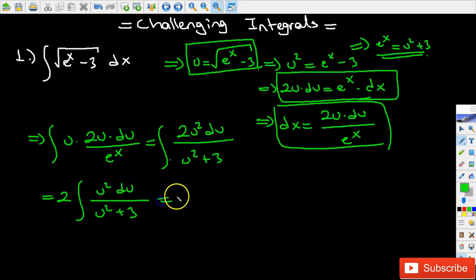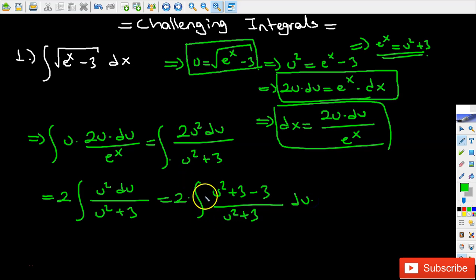In this case, I'm going to add 3 and also subtract 3. It's not going to affect the integral, but we need that algebraic manipulation. So u squared plus 3, I added 3 and minus 3 at the same time, divided by u squared plus 3 du.